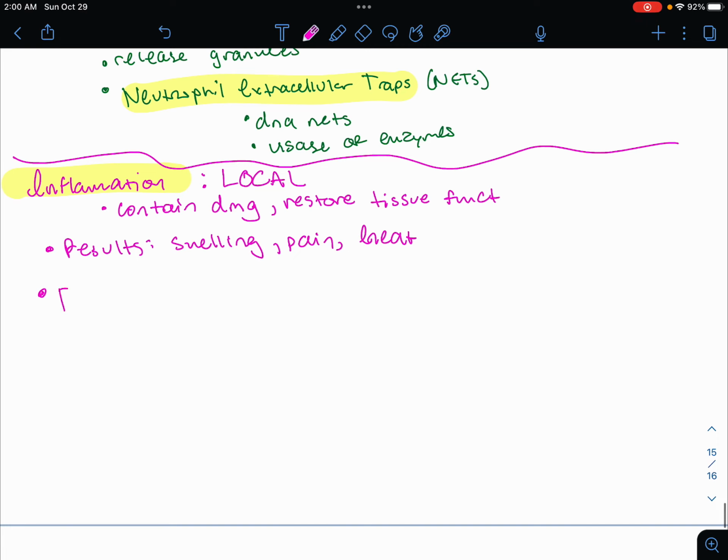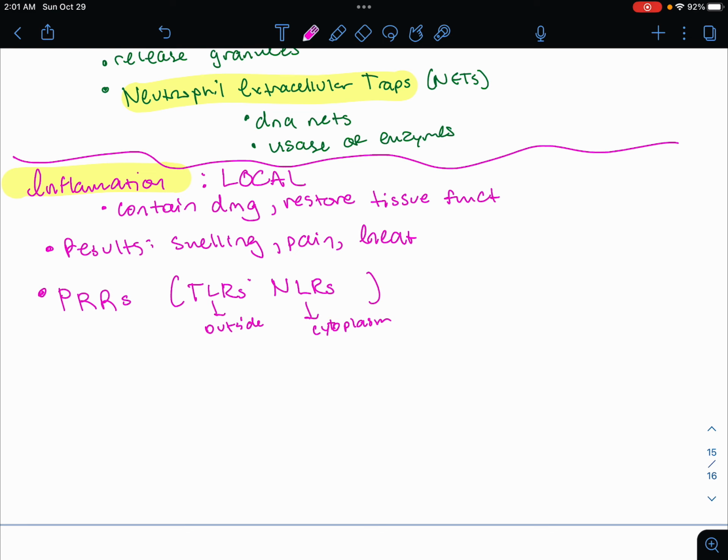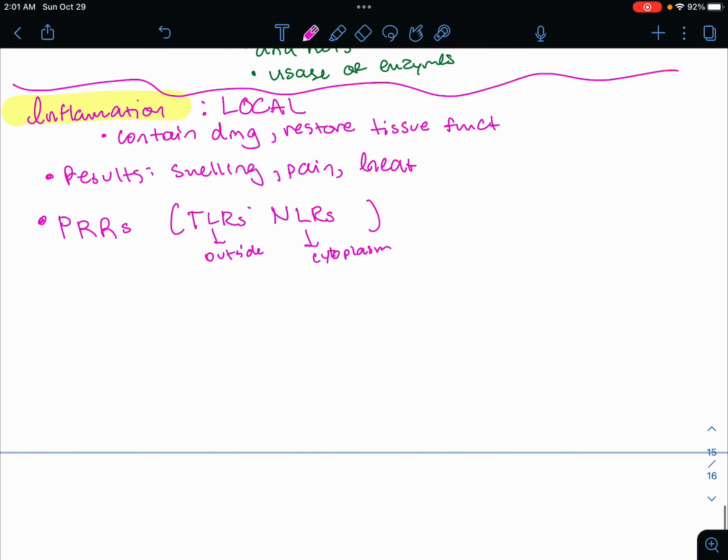The pattern recognition receptors that will be important in this are going to be the TLRs and the NLRs, which are nod-like receptors. So again, this is going to be cytoplasm. This is going to be outside. We were talking about that. They're going to find the pathogen-associated molecular patterns, so PAMPs.